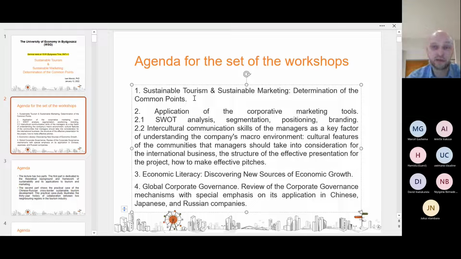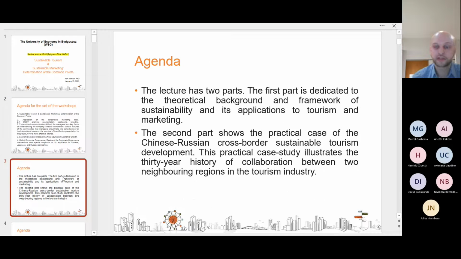Sustainable tourism and sustainable marketing is our first topic. Today you can see the agenda on the screen. We have two parts. The first is dedicated to the theoretical background and framework of sustainability and its application to tourism and marketing. The second part shows the practical case of the Chinese-Russian cross-border sustainable tourism development.